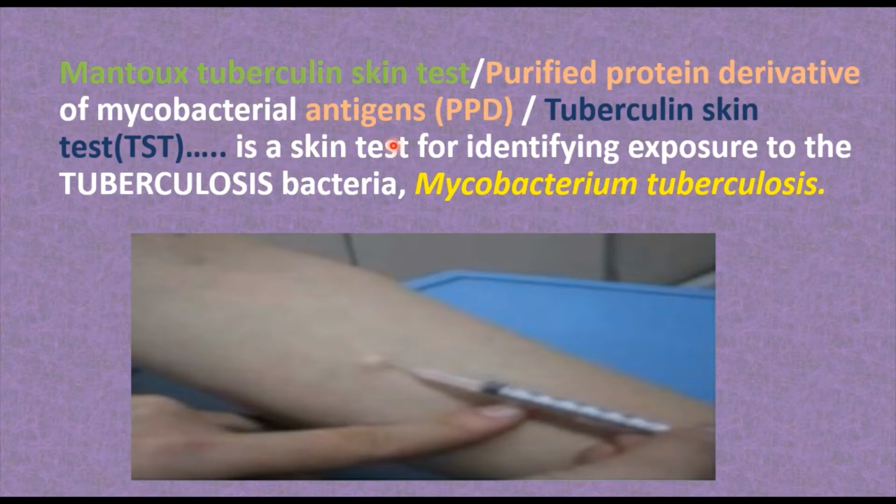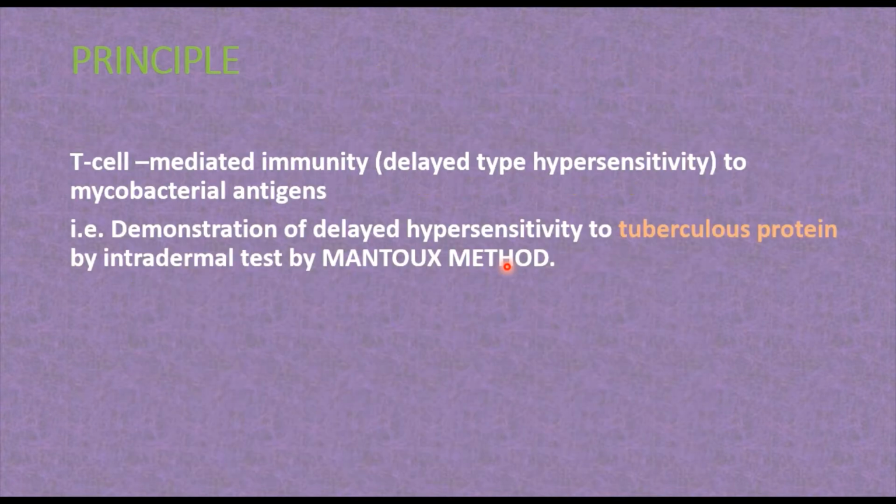So this method is a type of skin test used for identifying the exposure to the tuberculosis bacteria, that is Mycobacterium tuberculosis. That means we are going to use this test to identify the disease called TB, tuberculosis. Then coming to the principle behind this Mantoux method: T cell mediated immunity to mycobacterial antigens.